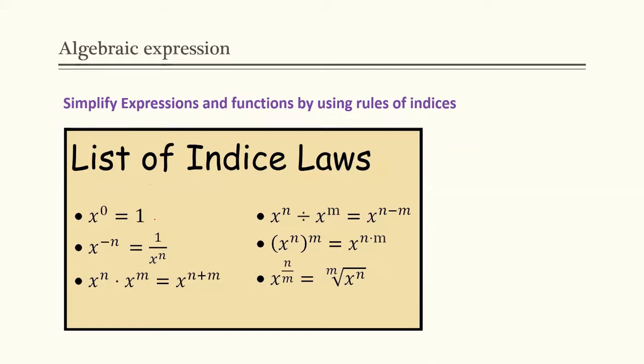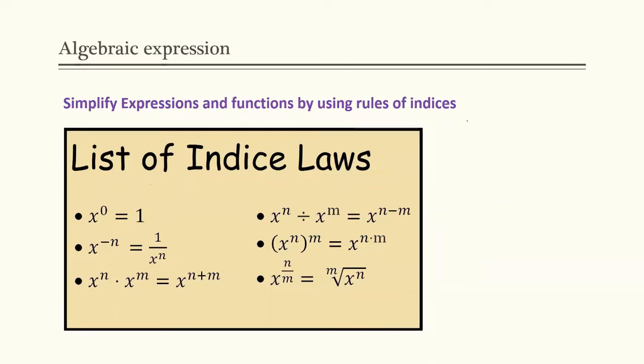The second one is what? When it is x to the power minus n, in order to get rid of this minus sign, we can rewrite the same as 1 over x to the power n.